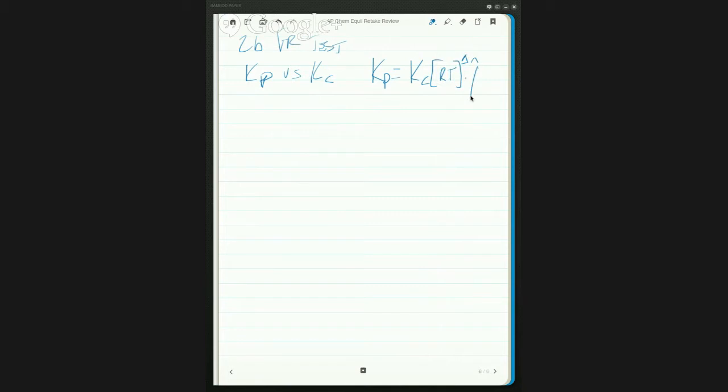Delta N is the change in moles of gas, okay? So if you have an equation like the one that was on the test, and you had CO2 as a gas plus H2 as a gas is in equilibrium with H2O as a gas plus CO as a gas, okay?